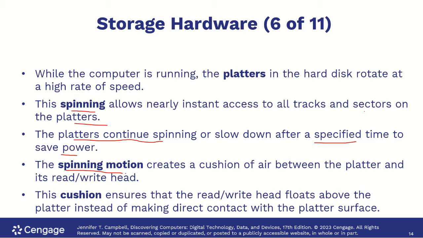The spinning motion creates a cushion of air between the platter and its read-write head. This cushion ensures that the read-write head floats above the platter instead of making direct contact with the platter surface.